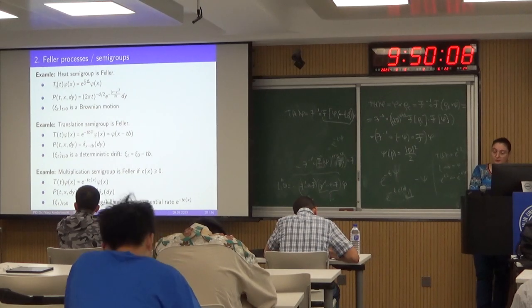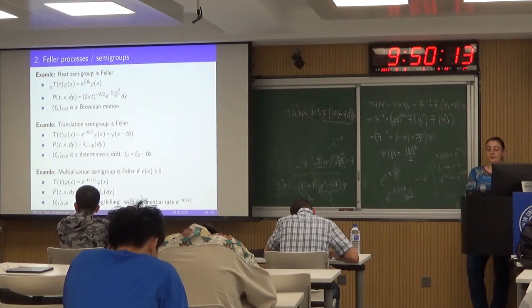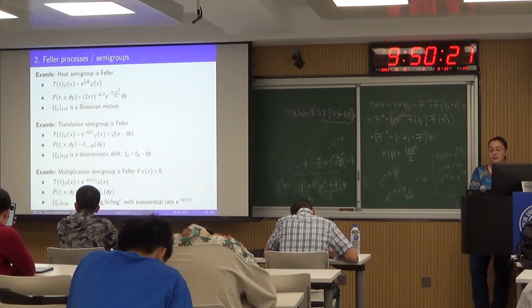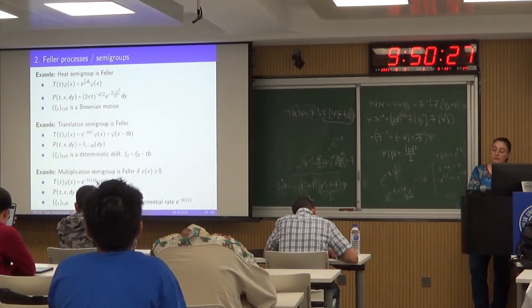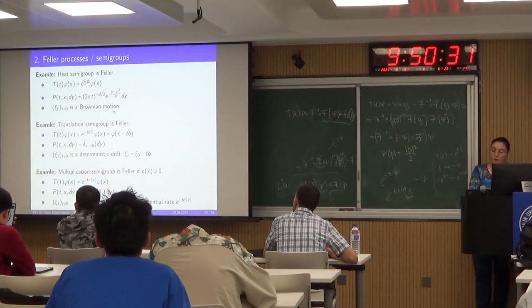So the semigroup is generated by the Laplacian. But we have seen already that the operators of the semigroup are integral operators with this Gaussian kernel. And this Gaussian kernel is actually a sub-Markovian kernel. It's a transition kernel for a process known as Brownian motion. So Brownian motion is a Feller process.